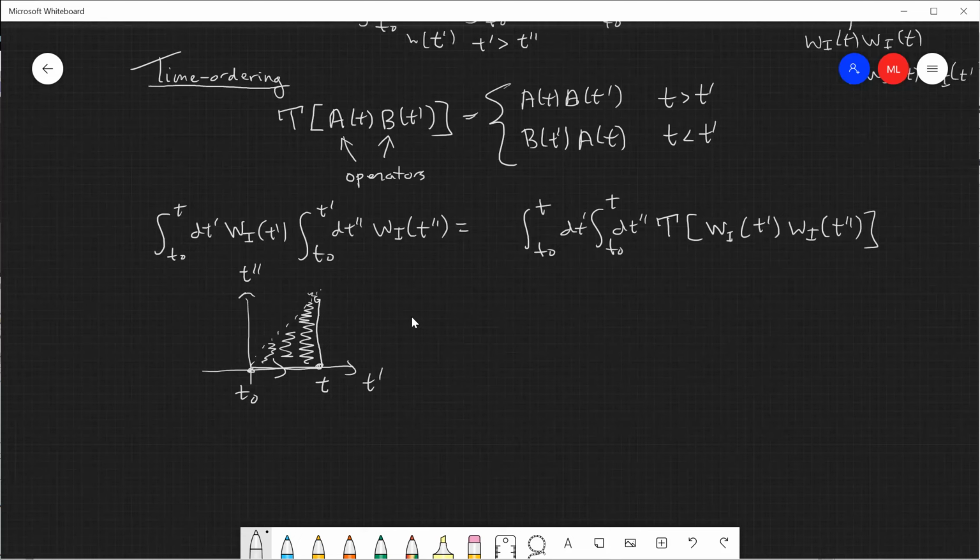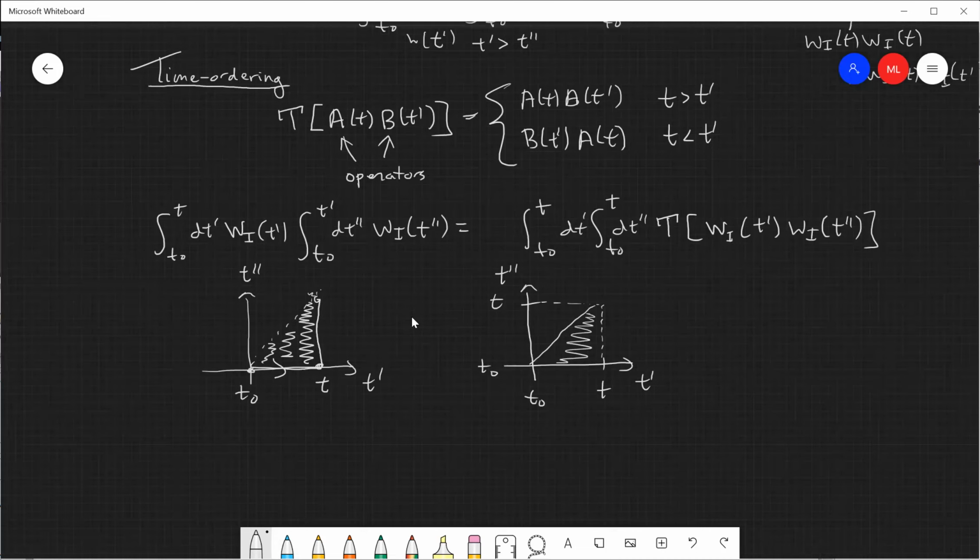Now here, we're going to allow t prime and t double prime to both go from t naught to t, right? And so what we've done is, this is the original integration.